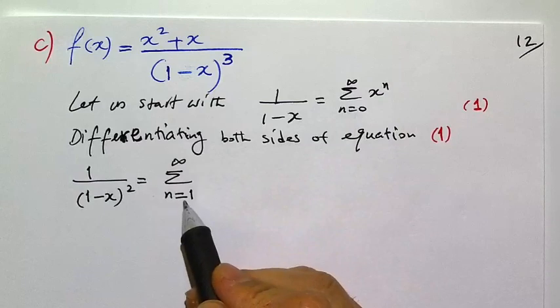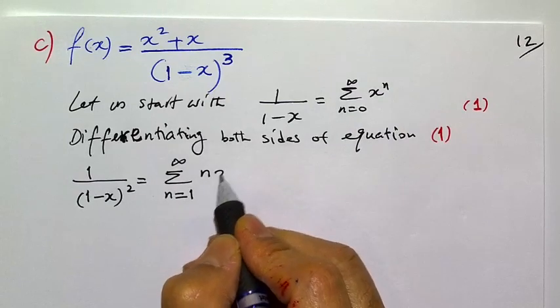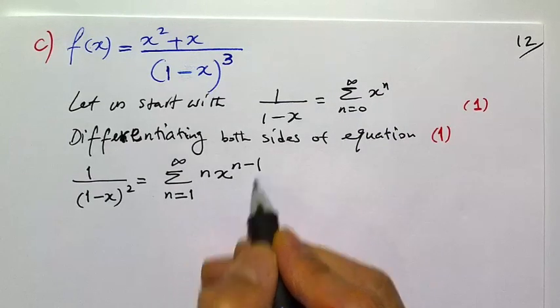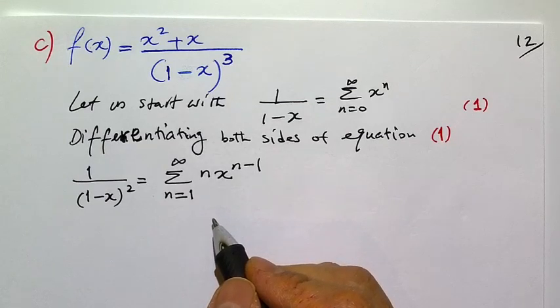So n equals 1, and then n times x to the n minus 1 power, right?